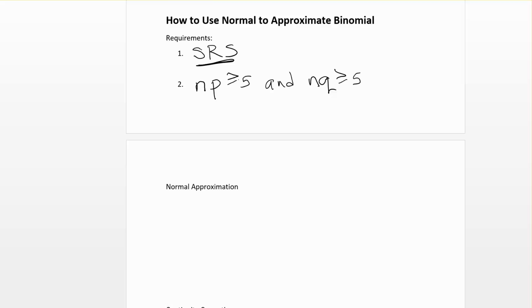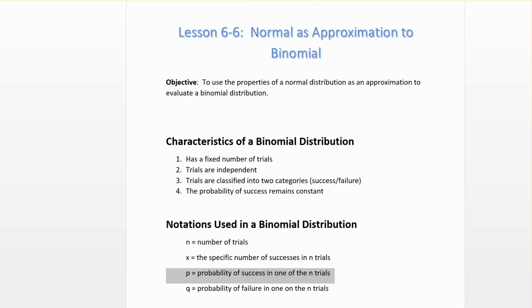Now, if that above criteria is satisfied, okay, if n times p is greater than or equal to 5, and n times q is greater than or equal to 5, and it's a binomial distribution, then we can actually use our normal. And in order to use normal, we have to have a mean and a standard deviation. Using the concepts of this section, our mean is just going to be the number of trials times the probability of success.